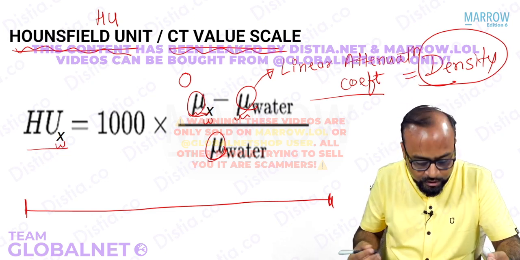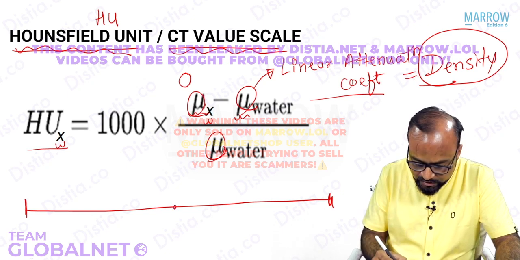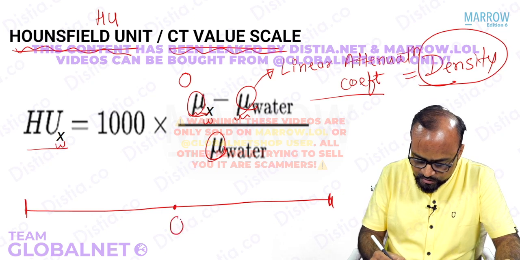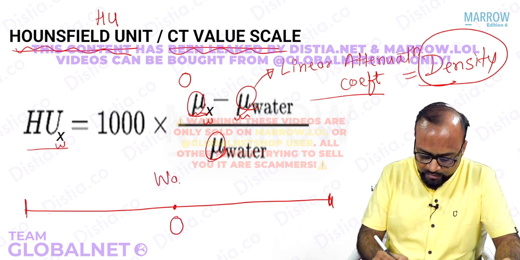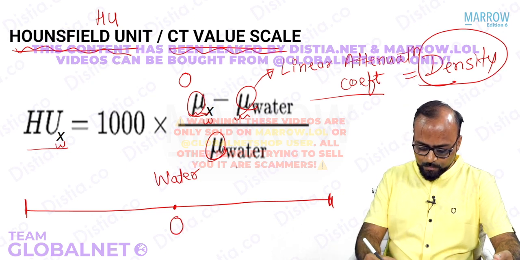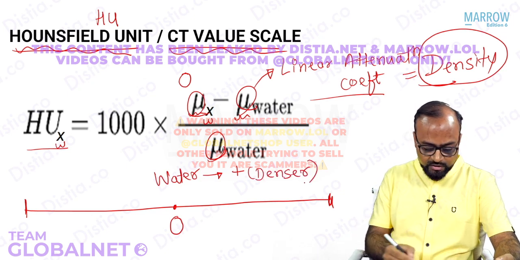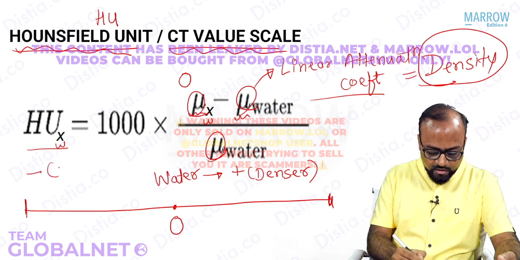So therefore, if this is the Hounsfield unit scale that I have drawn, at the center point of the scale, at 0 HU, you have water. This is the positive side of the scale, where all the tissues which are denser than water will lie. This is the negative side, where all the tissues which are less dense than water will lie.